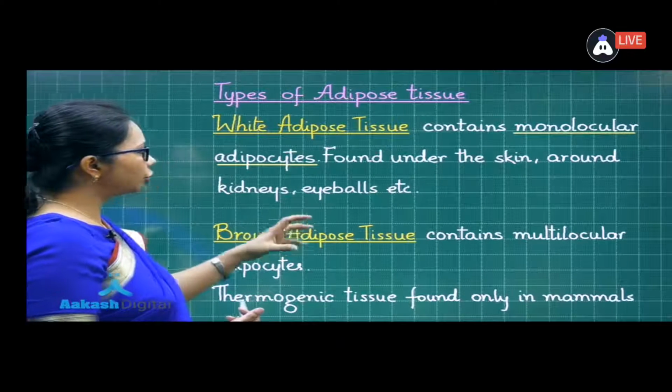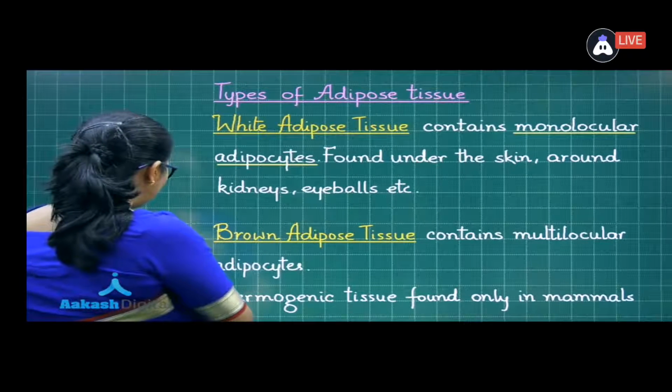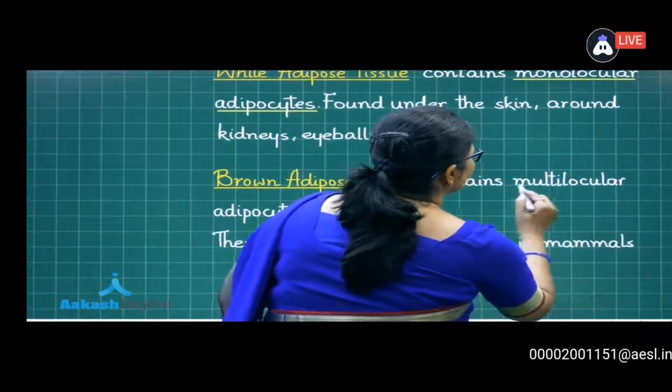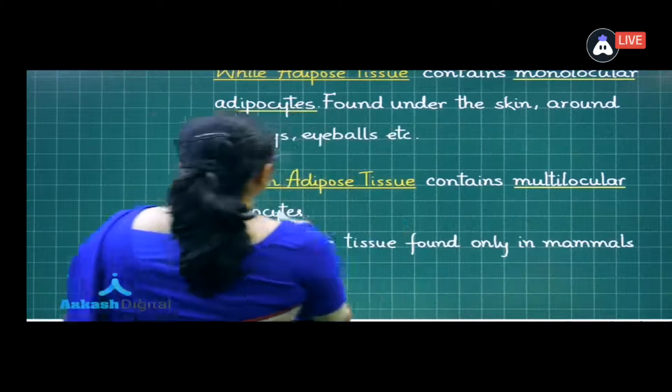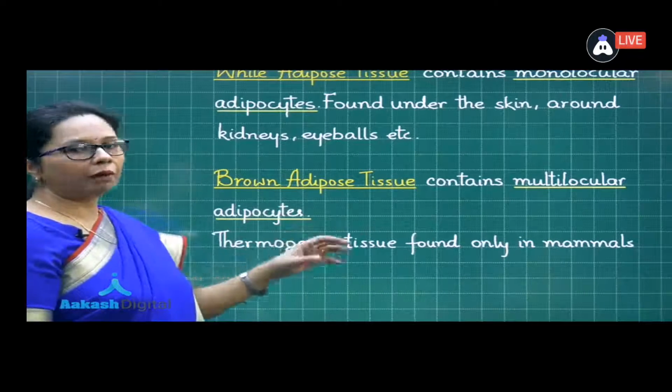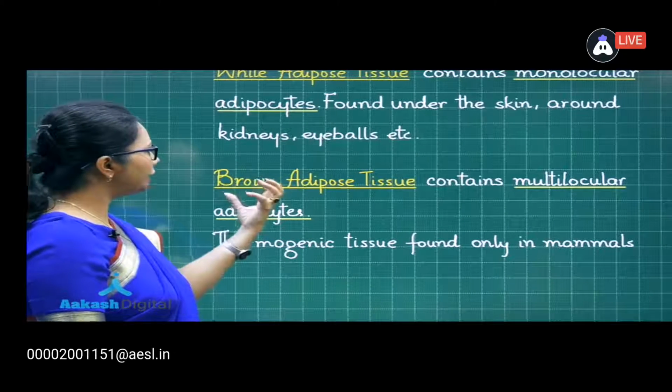The brown adipose tissue contains multilocular adipocytes, and this tissue is found only in mammals. Why does it appear brown?